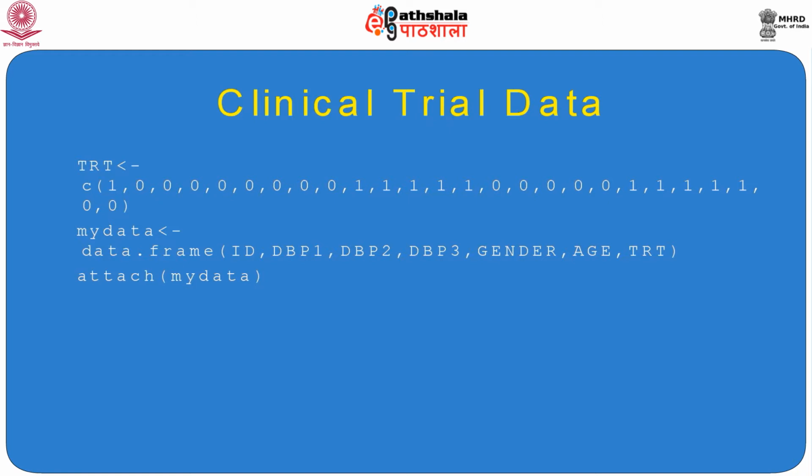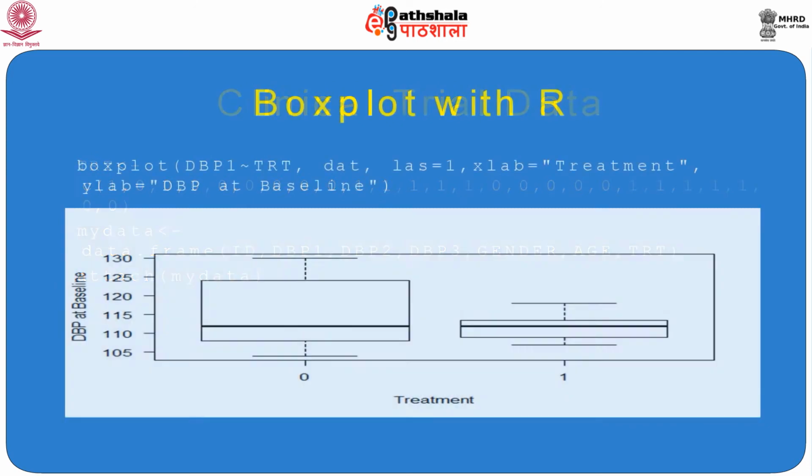So for further analysis we call attach of mydata, and in the next slide we go to our first objective, that is box plot with R. This function is called boxplot, and inside the parentheses we put DBP1 follows TRT. So here only DBP1 is considered, and how the treatment affects it.